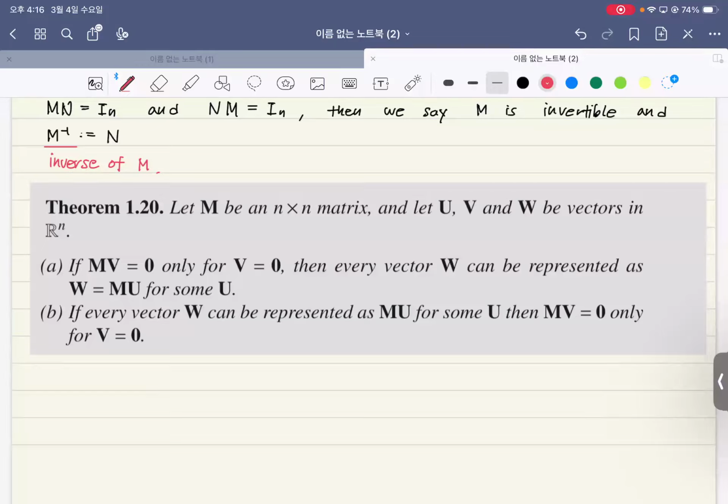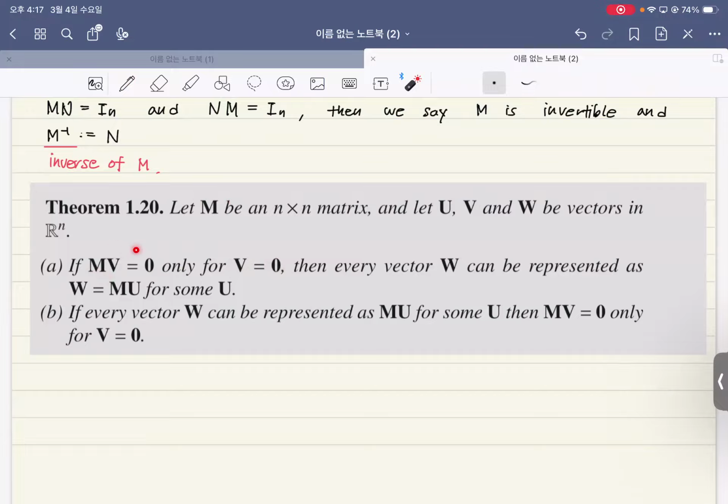So that means, well, let me suppose this. I have matrix M, and I multiply some mysterious vector V, and it turns out to be 0. But if that is true only for V equals 0, so MV equals 0 implies V equals 0.